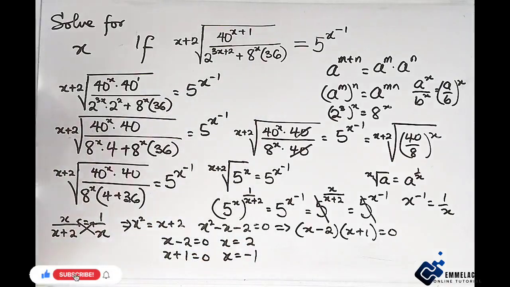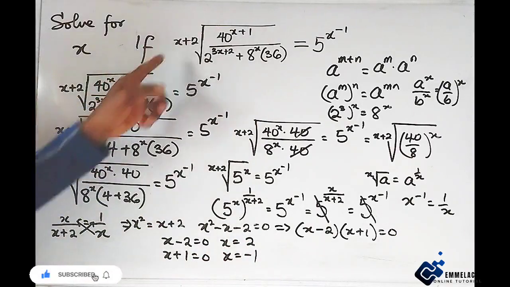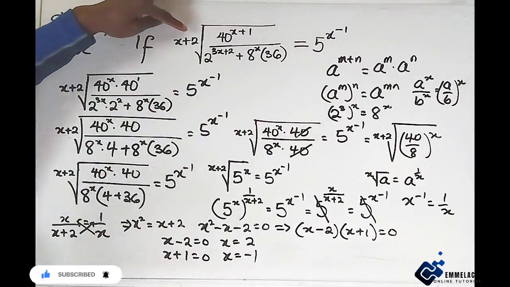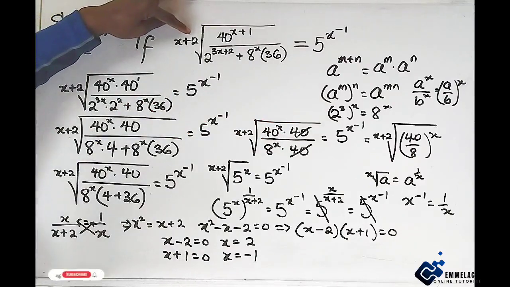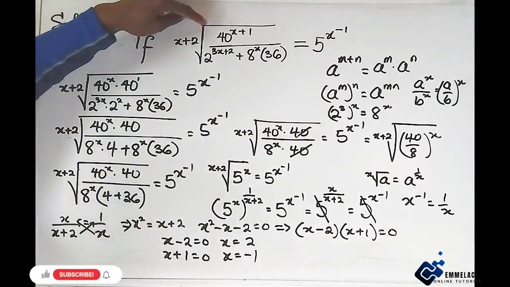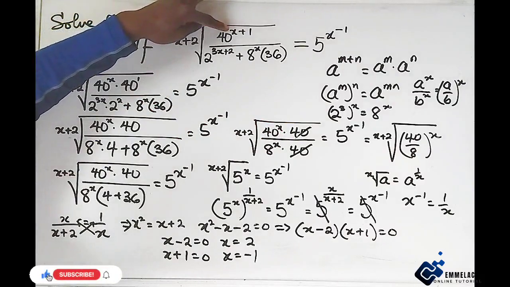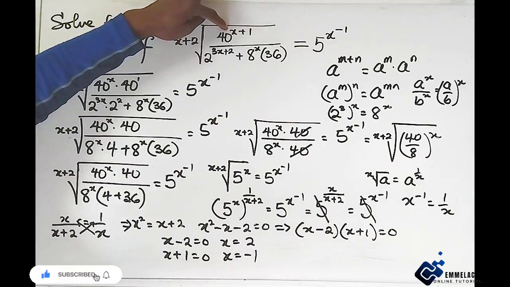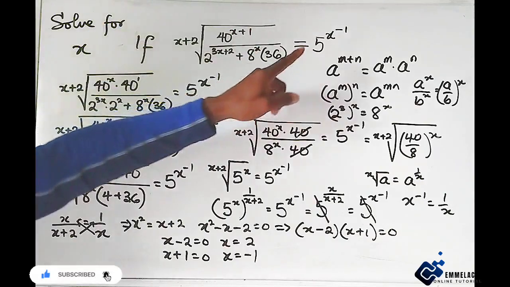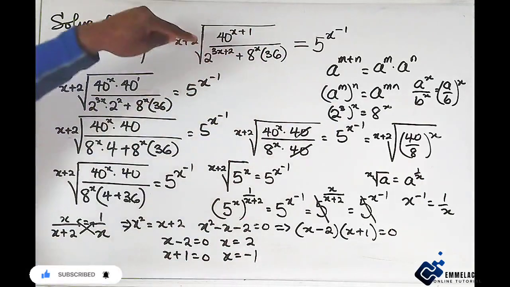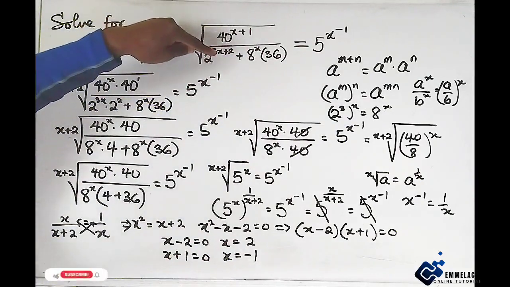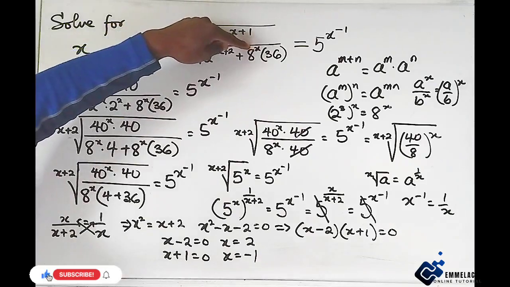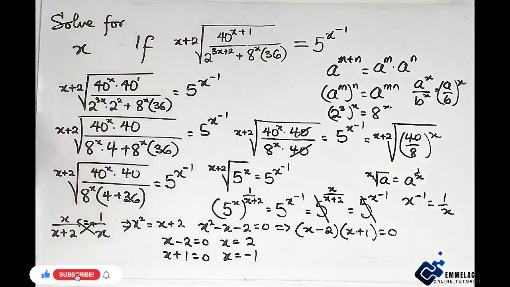Now, since we are dealing with radicals, if you plug in -1 here, you have x plus 2 giving 1, but the other exponent becomes -1, and so on.